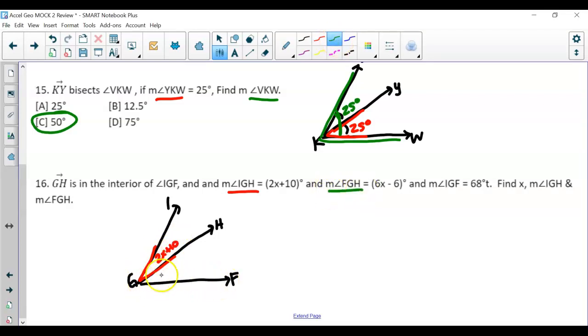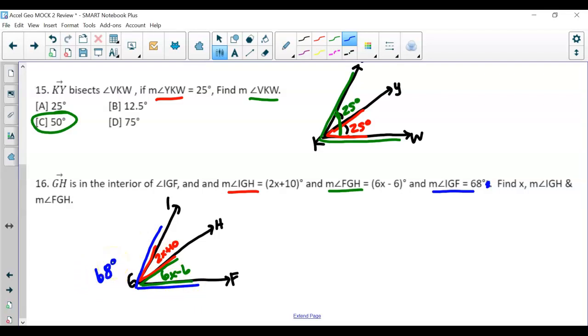FGH here, this angle is 6x minus 6. The entire angle IGF is 68 degrees.